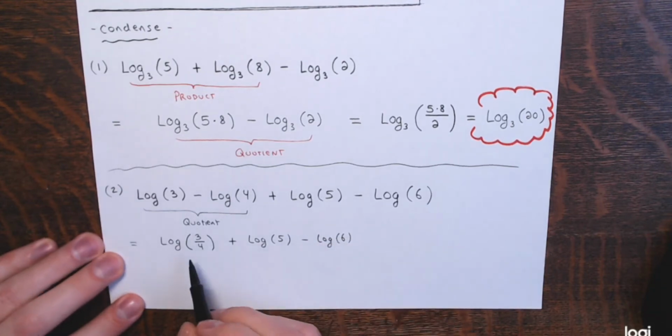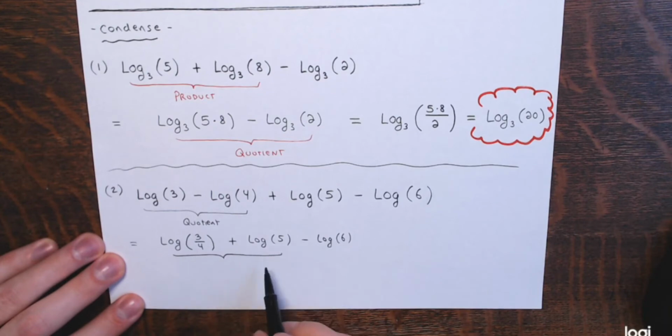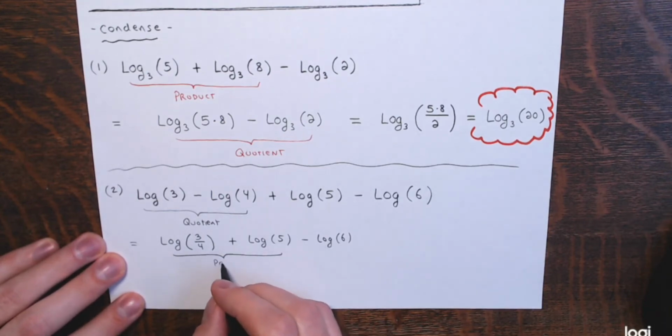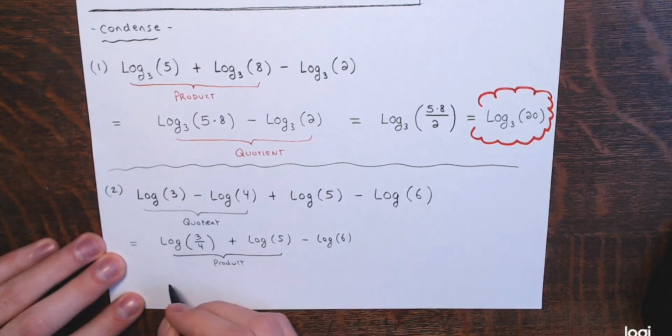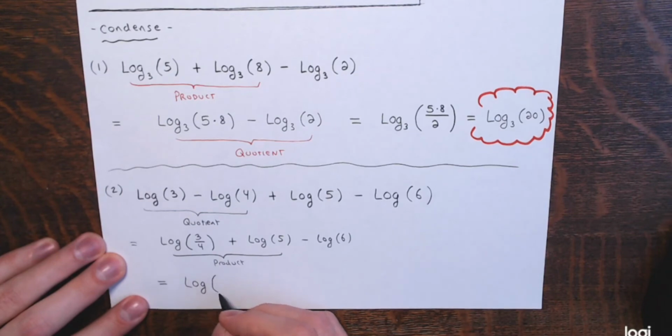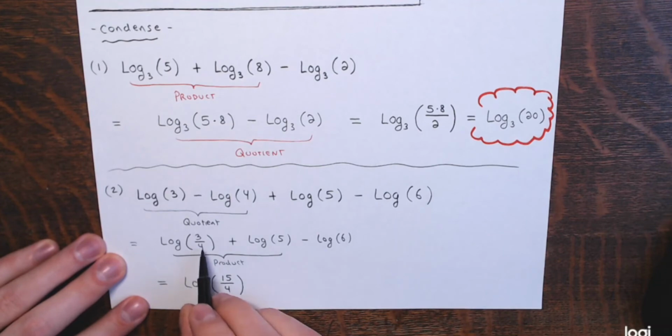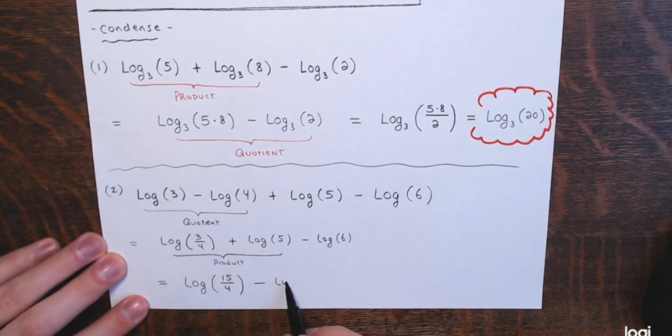And then the next 2 terms, I have a sum of 2 logarithms, so I'm going to be applying that product rule to put them together. So this is equal to the log of 3/4 times 5, which would be 15/4, right, that's the product of 3/4 and 5. Minus, and then the log of 6 is still there.